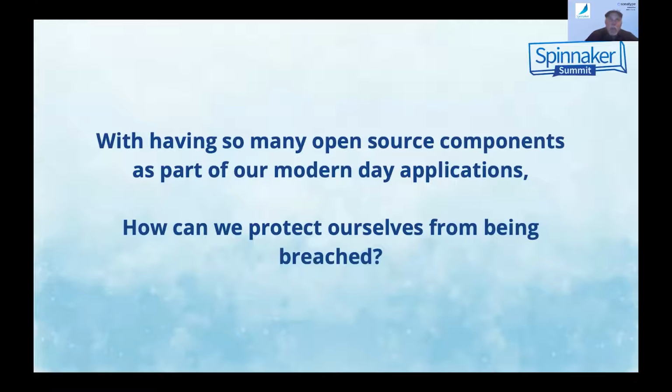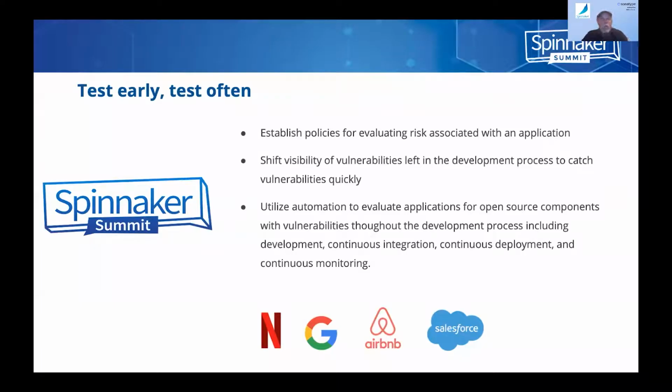So with having so many open source components as part of our modern day applications, how can we protect ourselves against these breaches that we're now seeing? I have some recommendations on some themes that we can take a look at. Here I've put forth the notion to test early and test often.